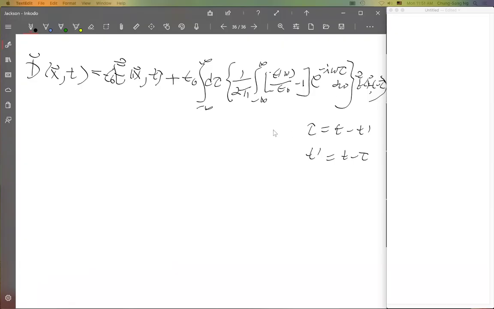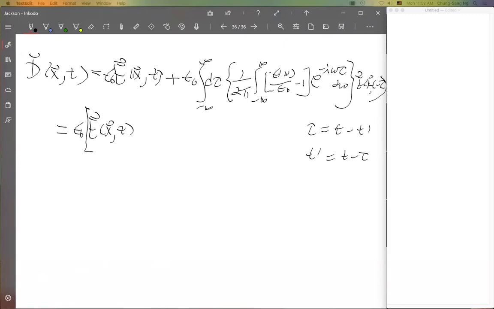Okay, but then this whole bracket, we can define it as one function because the rest doesn't depend on this integral over omega. So the rest is just expressed as integration, and both are proportional to epsilon 0.